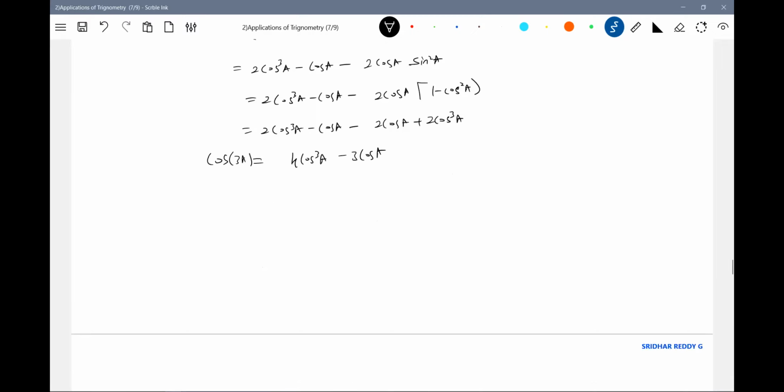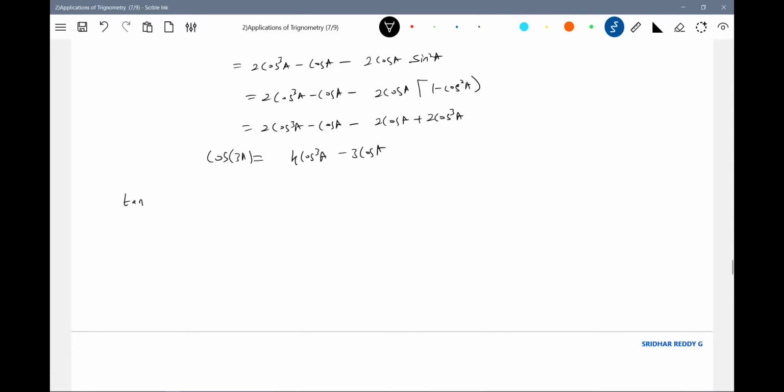The last identity, tan 3A. So tan of 2A plus A. The tan A plus B formula we will apply. Then this becomes (tan 2A plus tan A) over (1 minus tan 2A into tan A).